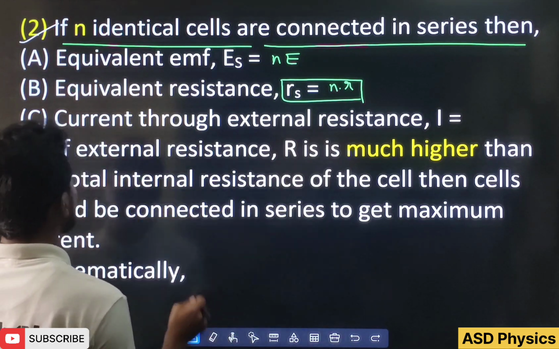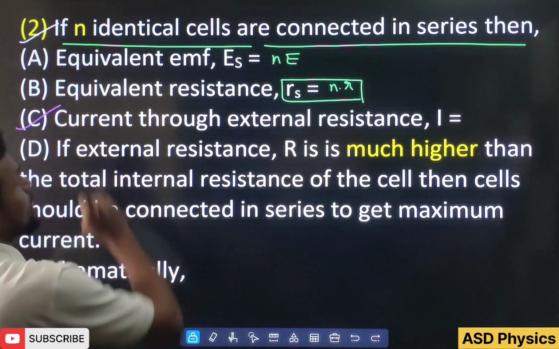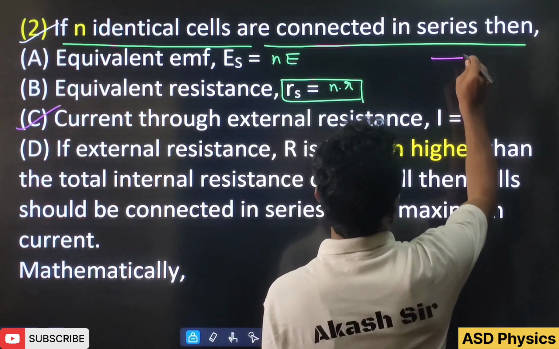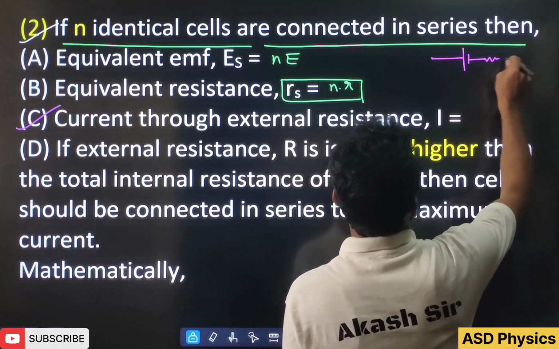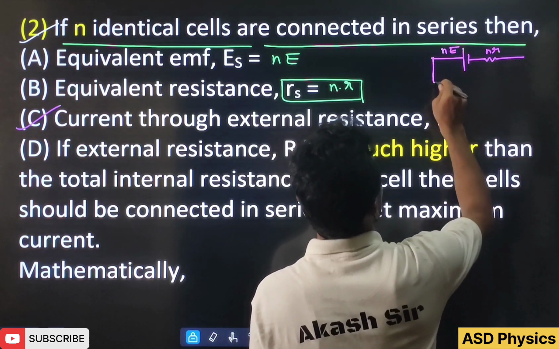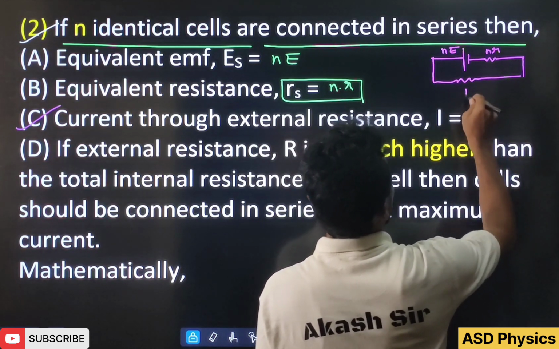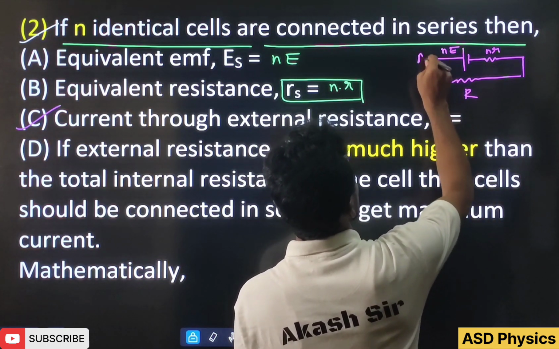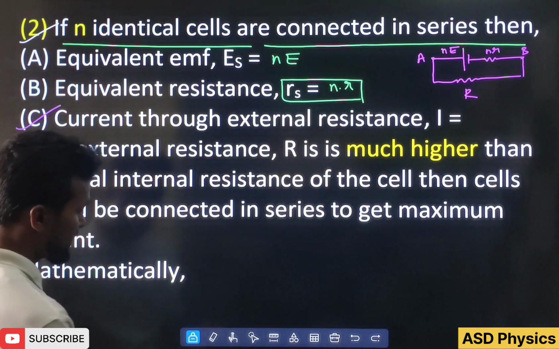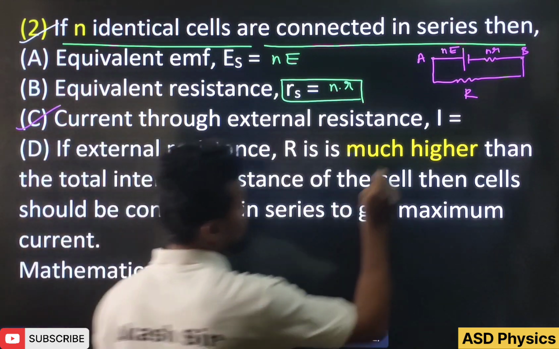Next, the current through the external resistance I is given by, if I draw the situation here: this is nE, this is nr, and here we have connected one external resistance R, and these are the terminal points. So nE and nr are there, and through this the current will flow.